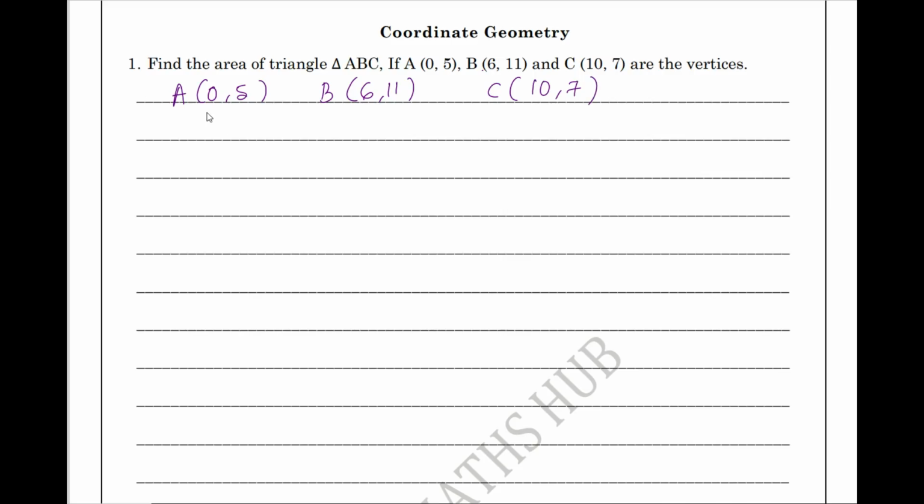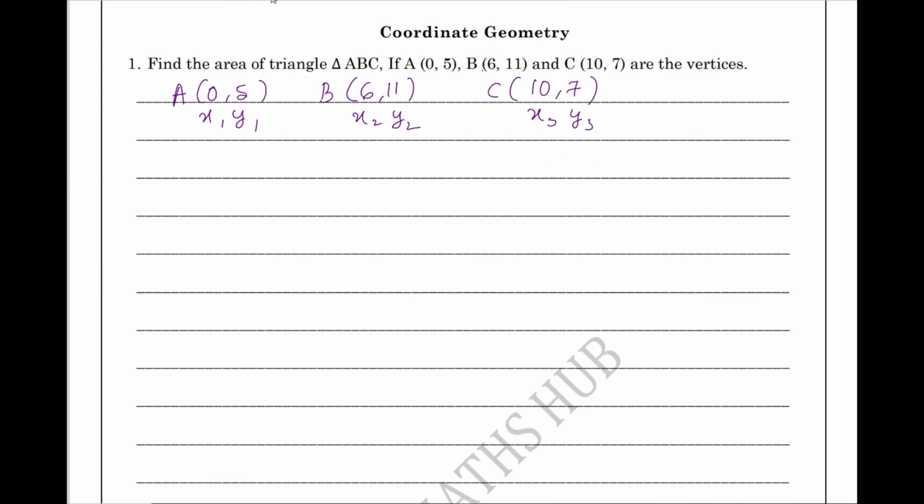Now take the first point as x1 y1, the second as x2 y2, then the point C as x3 y3. Now what is the value of x1? x1 is 0, y1 is 5, x2 is 6, y2 is 11, x3 is 10, y3 is 7.